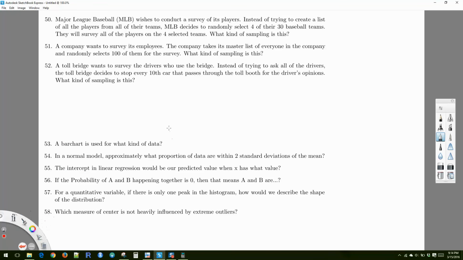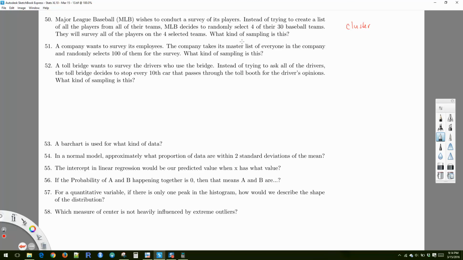All right. Major League Baseball wishes to conduct a survey of its players. Instead of trying to create a list of all the players from all their teams, MLB decides to randomly select 4 of their 30 baseball teams. Cluster sampling. All right, good job. What would it have to say if it was going to be stratified sampling?